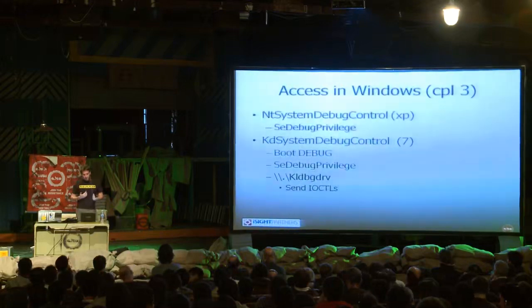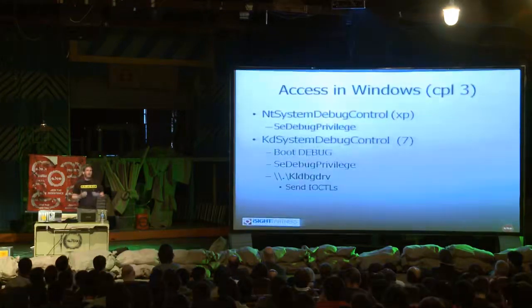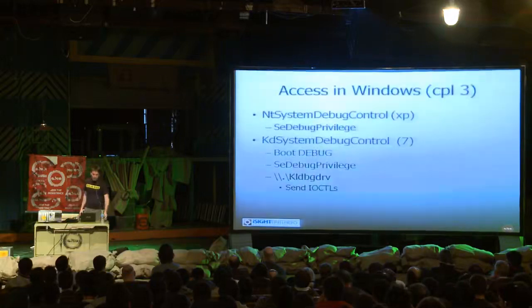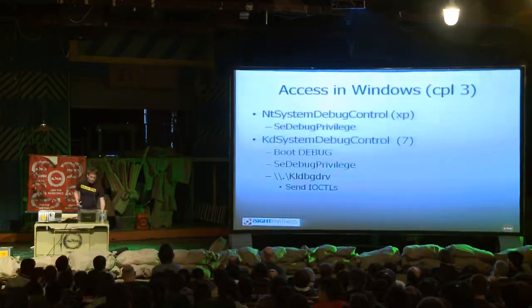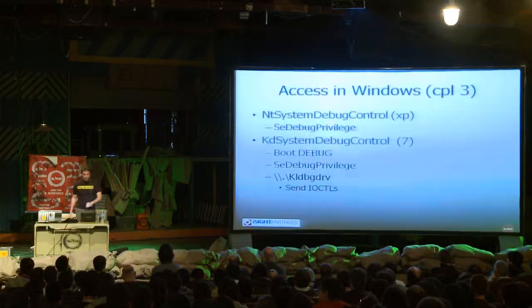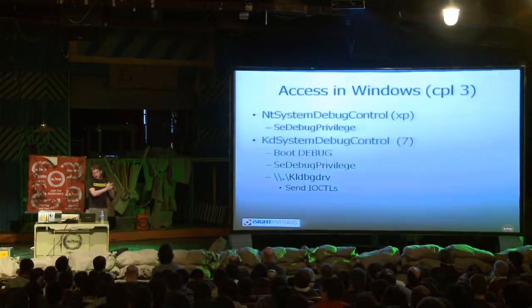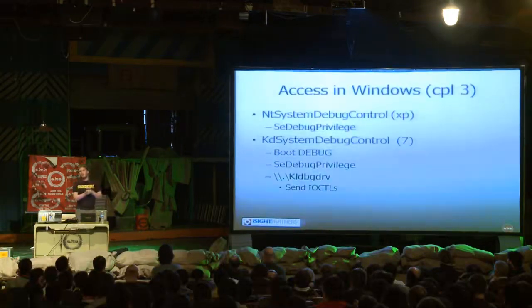Before I did this work, I wasn't actually a kernel expert. It's kind of foreign to me. So I prefer to use these APIs to read and write the MSRs. In Windows XP, you need SeDebugPrivilege, which is essentially root, to be able to call NtSystemDebugControl with the proper arguments to write to or read an MSR.